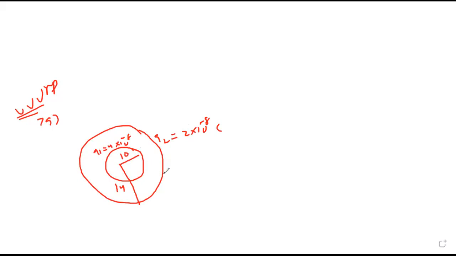If the electric field at r equals 12, meaning the point is between the two spheres, is E1, and at r equals 20, meaning outside, is E2, then what is E1 upon E2?